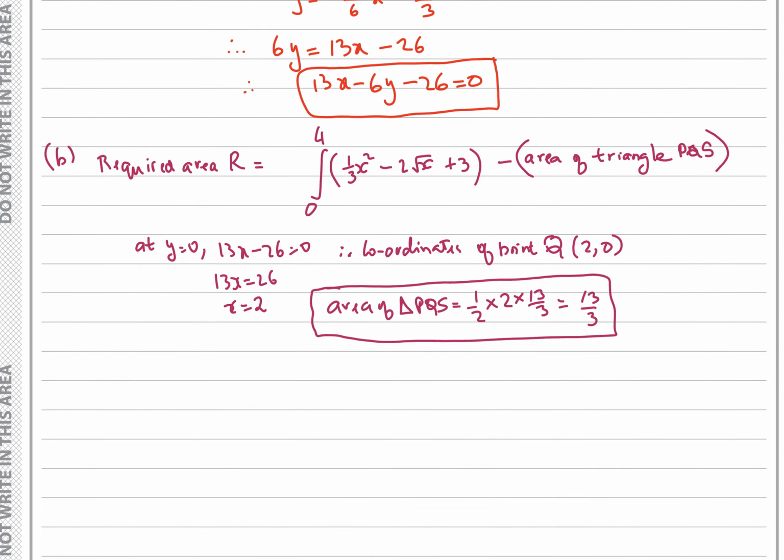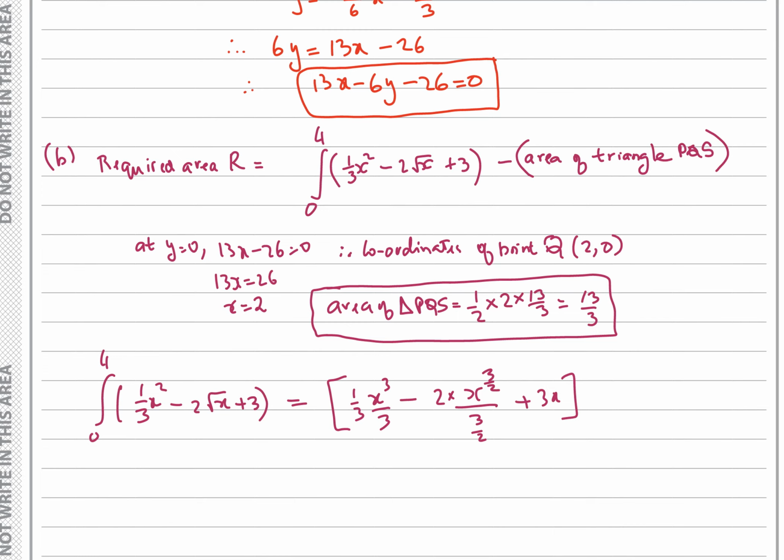So now our definite integration, the integral from 0 to 4 of 1 over 3 x squared minus 2 root x plus 3, is equal to 1 over 3 x cubed over 3 minus 2 times x to the power half plus 1, so that is 3 over 2, divided by 3 over 2, plus 3x, from 0 to 4.